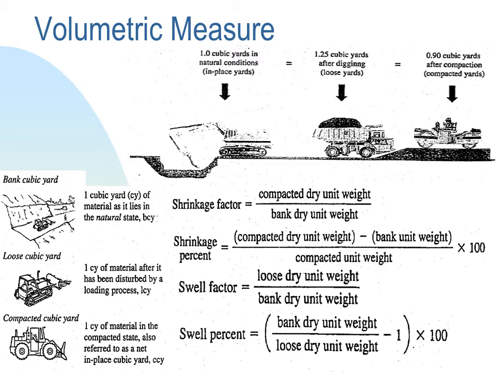This is why you will find that it's always denoted by either BCY for bank cubic yards, LCY for loose cubic yards, or CCY for compacted cubic yards. For the SI units, it will be B meter cubed, C meter cubed, or L meter cubed.